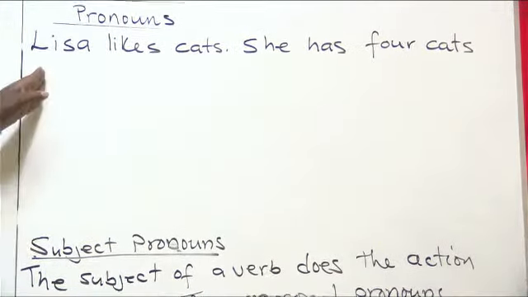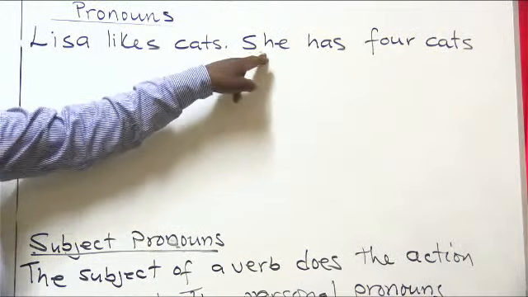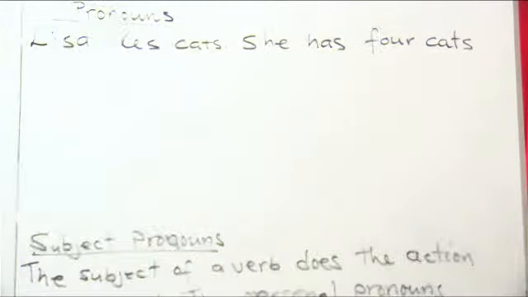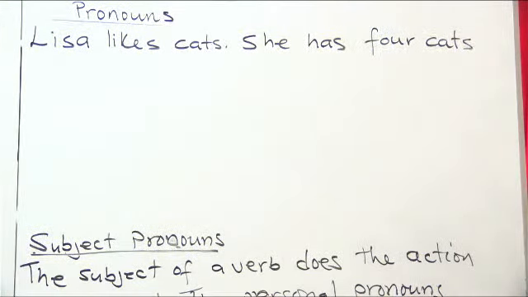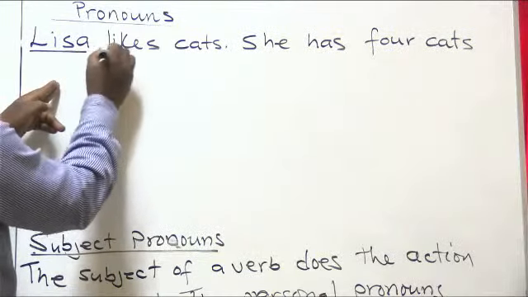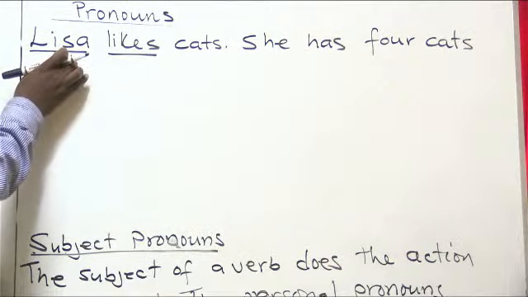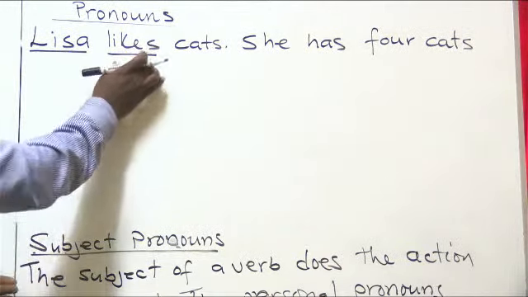Okay, so here there are 2 sentences. There's Lisa likes cats, full stop. She has 4 cats. That's another sentence. So we see that in our first sentence, this is a proper noun. Okay, the proper noun Lisa is the subject of likes.